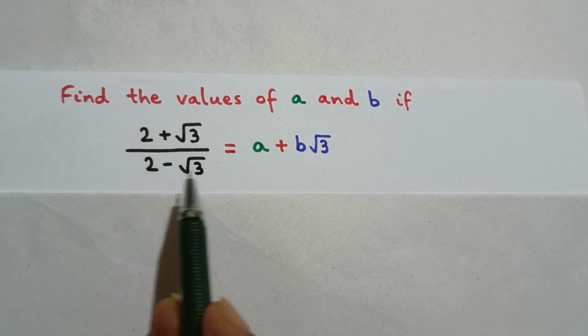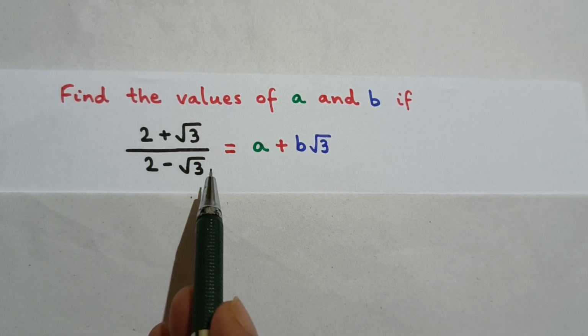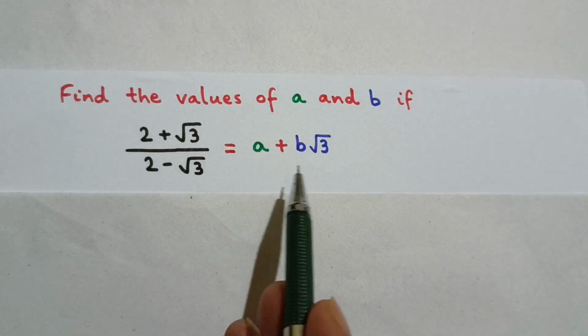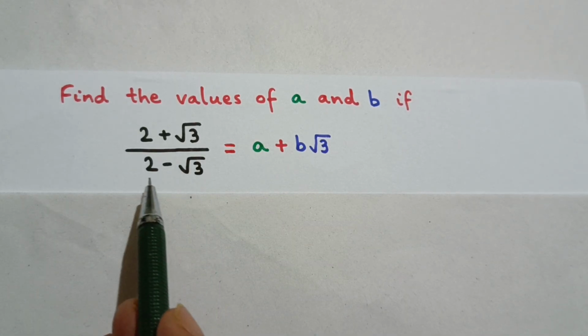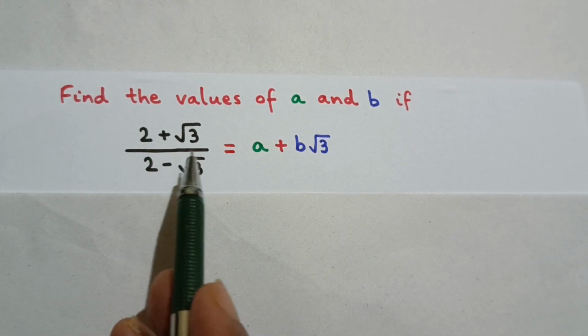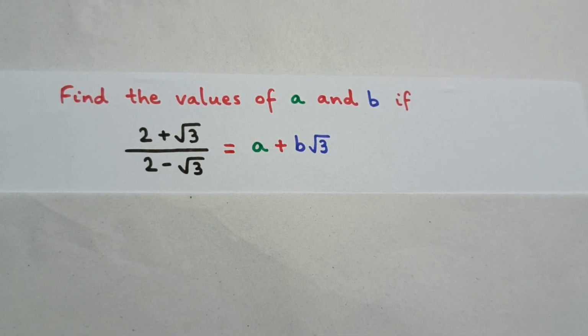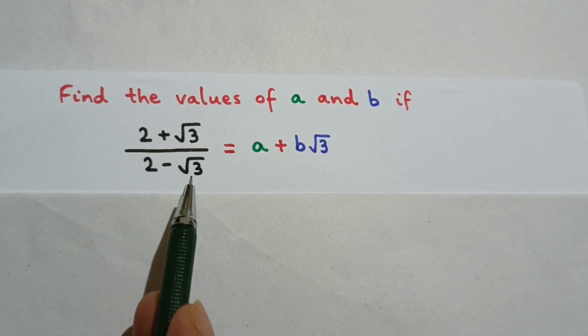So we are having this equation. This is the left hand side of the equation and this is the right hand side of the equation. On the left hand side, I am having (2 plus square root of 3) upon (2 minus square root of 3).